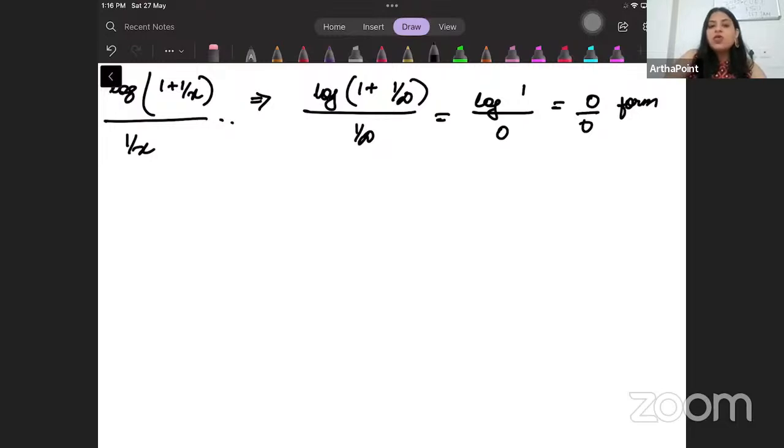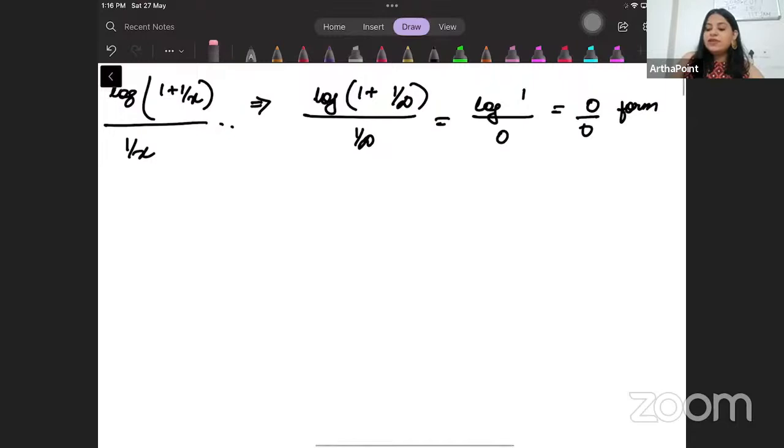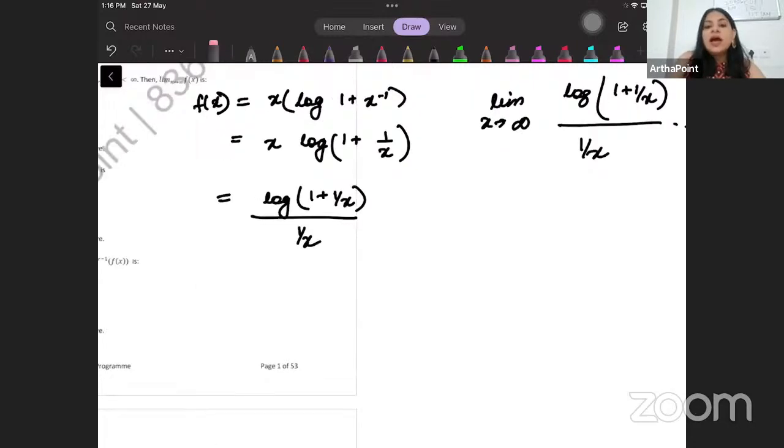So what I will do is use the L'Hopital rule. I will differentiate the numerator and denominator separately because I have to use the L'Hopital rule. So please write down, using L'Hopital, you have to differentiate the numerator and denominator separately.